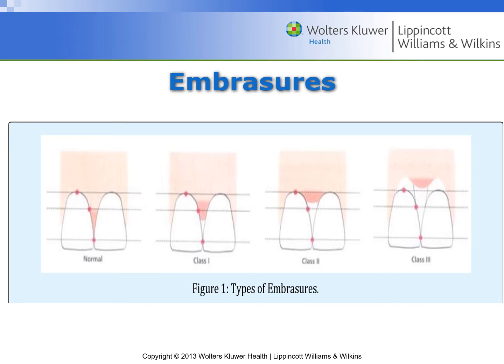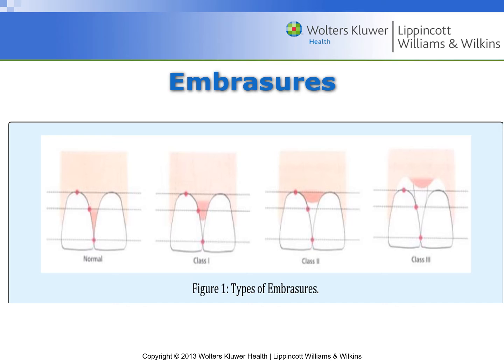These are embrasures. So this is a normal embrasure in between two teeth, and this normal embrasure is flat, it's pointed, fills the space in between the teeth, and it looks pretty healthy.